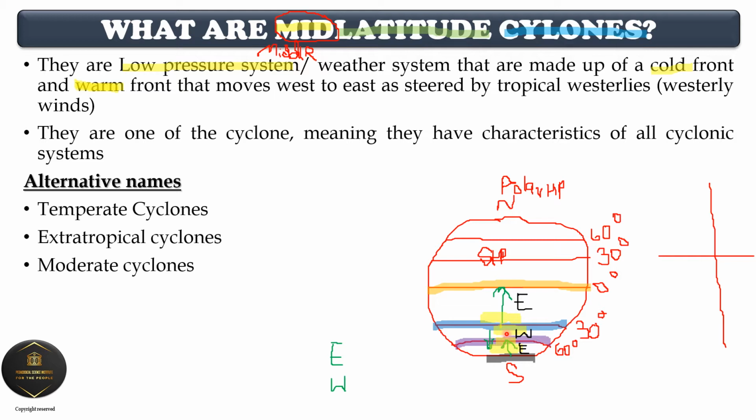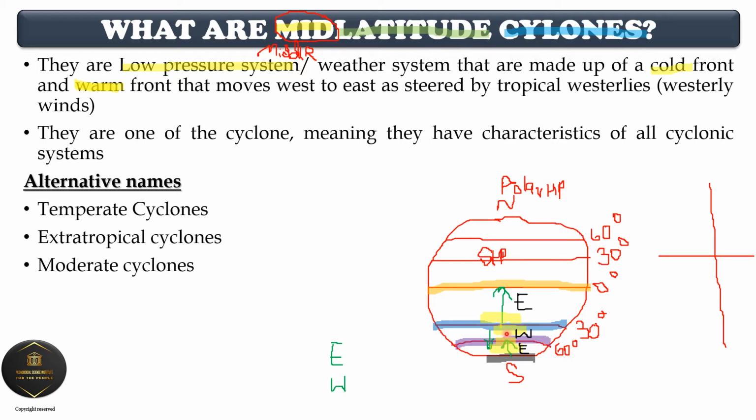So in essence then, a mid-latitude cyclone is a low pressure system that is made up of a cold front. A cold front is made up of cold air. Where is the cold air coming from? From the polar regions. And it's also made up of a warm front. And where is the warm air coming from? It's coming from the tropical westerly wind belt, right?